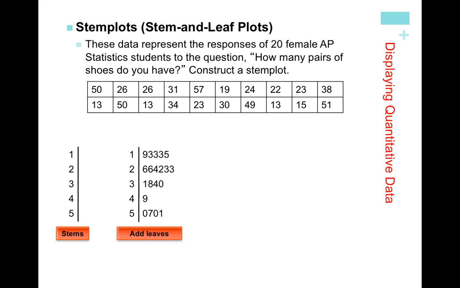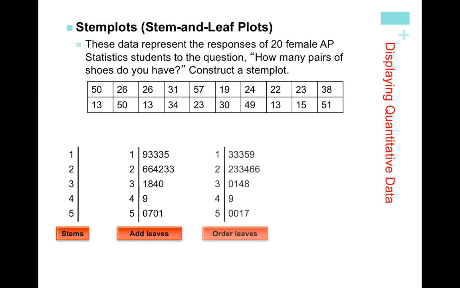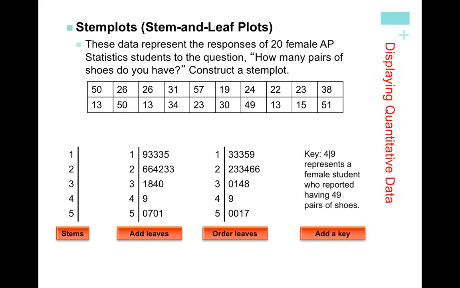And then we put our leaves in. Like I said, you can skip this step if you just put everything in an order in advance and then put those leaves in over here in order. So here, this first 3 is really the 13. And then you've got another 13 and another 13, a 15 and a 19, a 22, a 23, and so on. And then you need that key.